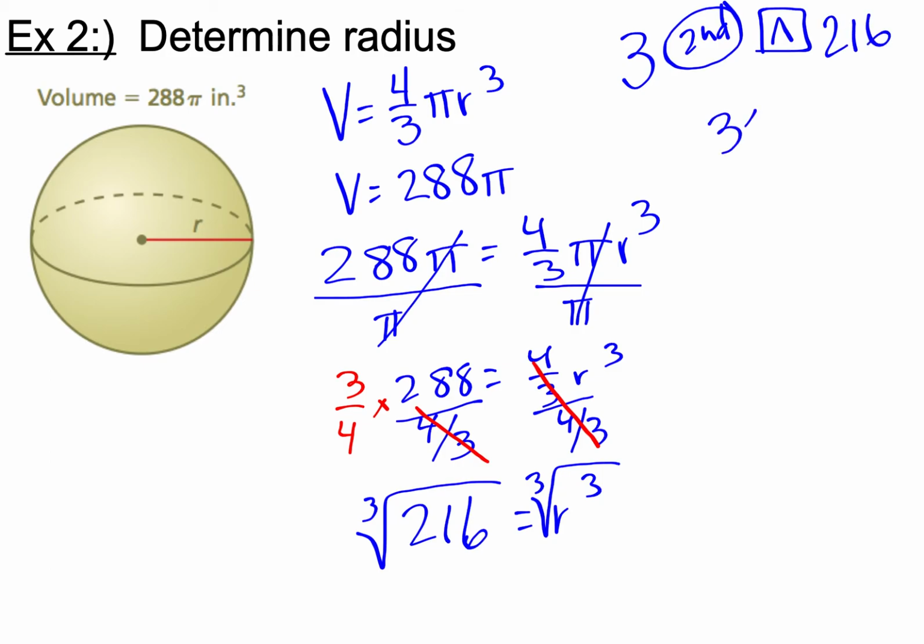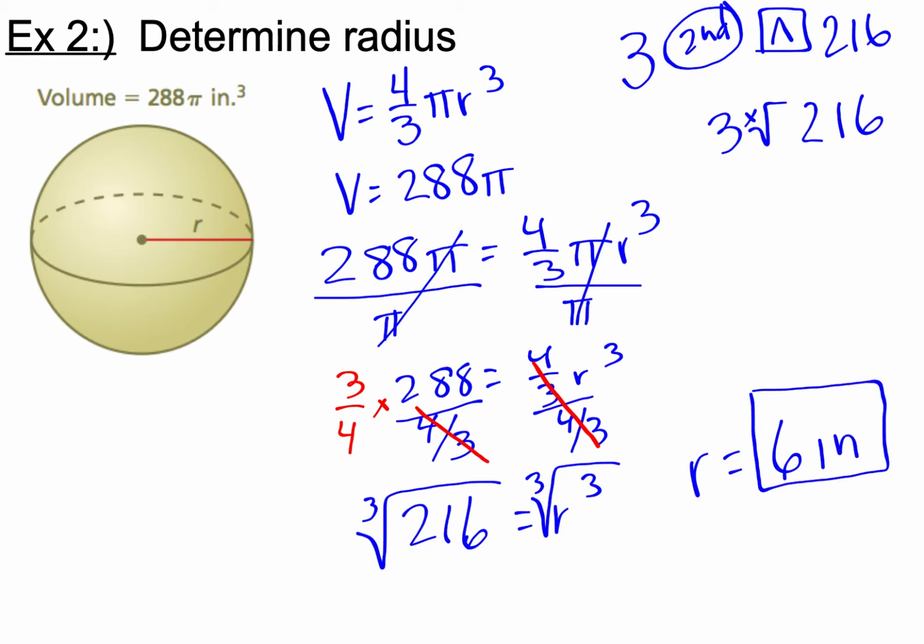On the display it looks like this: 3 root of 216, and you press equals, and it should come out to be 6. Oh, it is 6. So the radius of this ends up being 6 inches. The reason I know it's inches is because the volume was given in cubic inches.